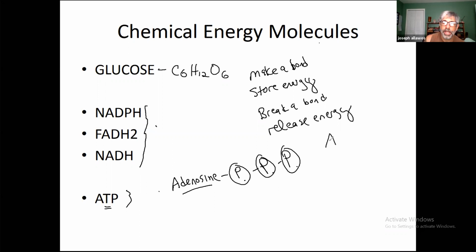So if I show ATP being converted to ADP, D is for di, T is for tri. What I'm literally doing is breaking a phosphate off. And so from T to D, from triphosphate to diphosphate, this is a release of energy. And then if I go this way, this is a store of energy.